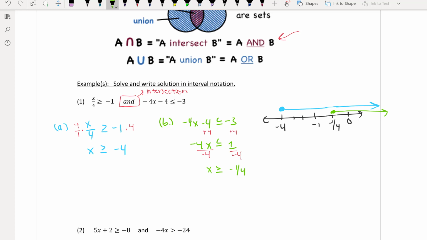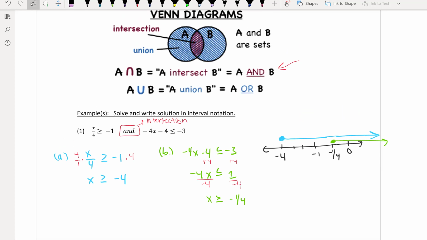So the intersection, as you can see from the Venn diagram, is everything that they have in common. Let's think about negative 1. Does the green inequality include negative 1? No, it doesn't. Does it include negative 3? No, it doesn't.